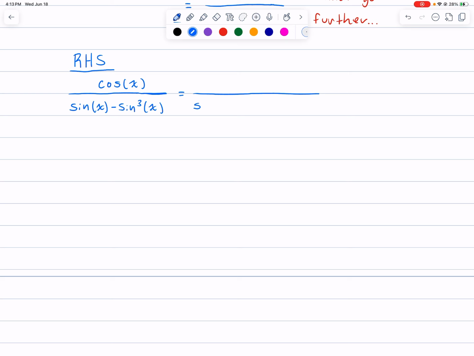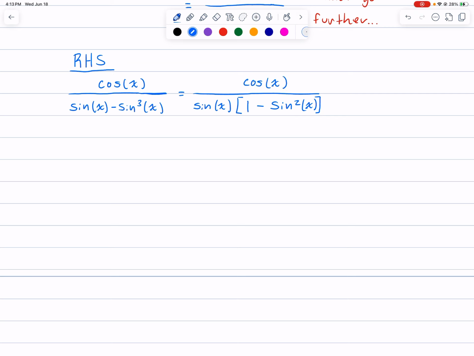So that means I'm going to get sine of x times, factor sine out of sine as just 1. And then if I factor a sine out of sine to the third, that's sine squared, so minus sine squared of x. And then the numerator, we just keep our cosine of x.